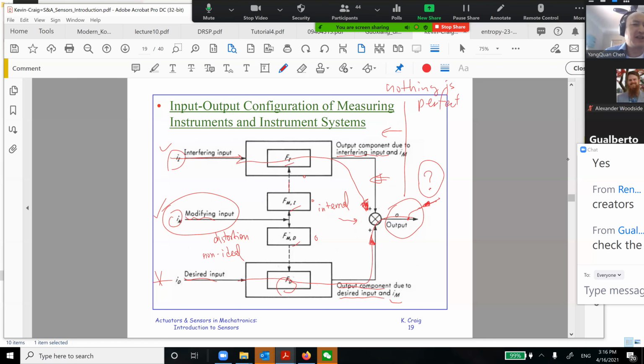Is the sensor telling the truth? How do I know it's telling the truth? You should always put that kind of question mark. But I hope you understand, behind the sensor signal you got, internally, you should consider there are three types of inputs in there: modifying inputs, interfering inputs, and desired inputs.